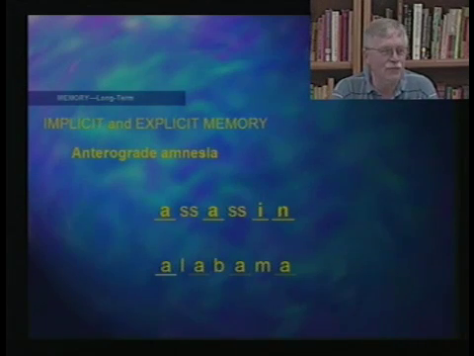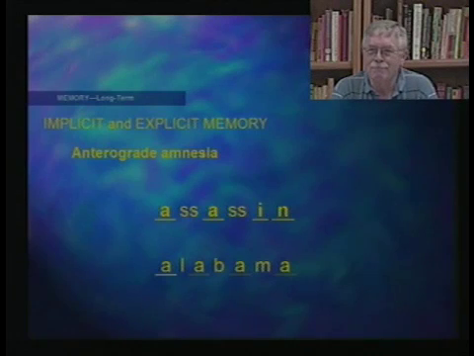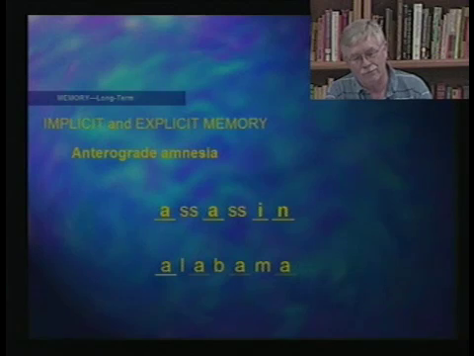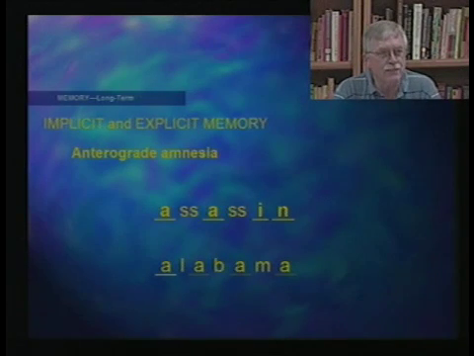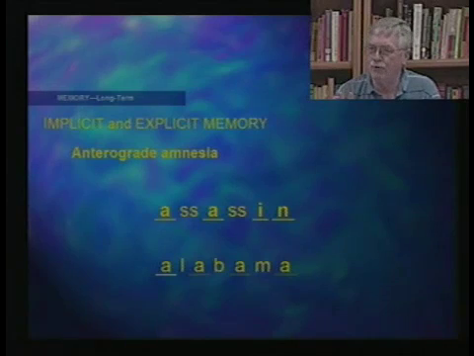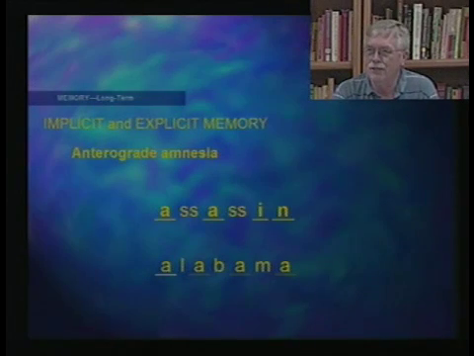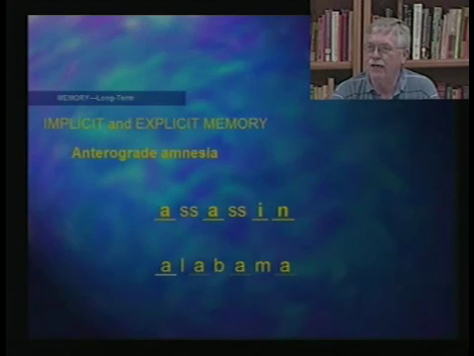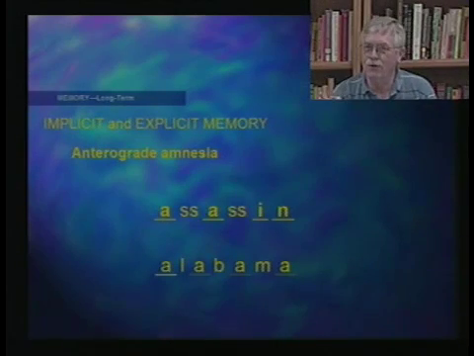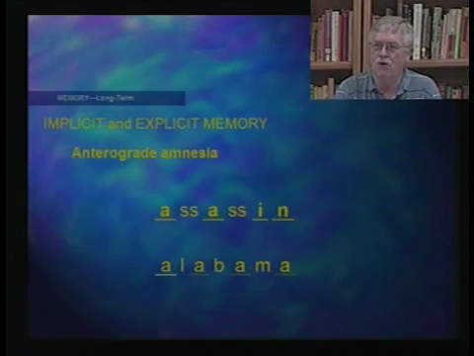But in essence, pose that to a friend, blank L, blank B, blank M, blank, and see whether they can in fact recall Alabama as an example. It's a kind of poor illustration of an important point: under these conditions, people who have not previously seen those, as you haven't, although you're not suffering anterograde amnesia, will not do as well as people with anterograde amnesia who studied them previously and, 24 hours later, can do significantly better in that kind of recall task.